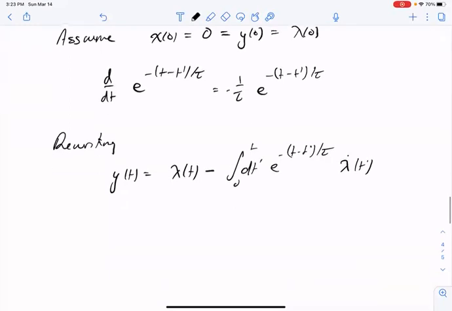This has a nice interpretation. Y of t is given by lambda of t plus a lag due to the fact that it takes a finite amount of time for y to relax.